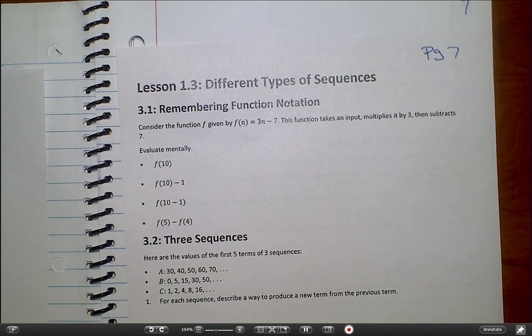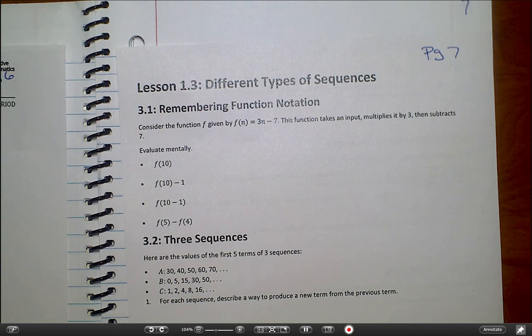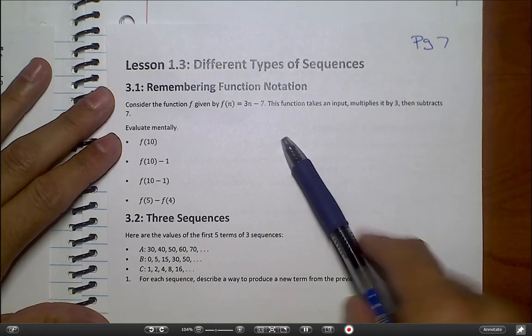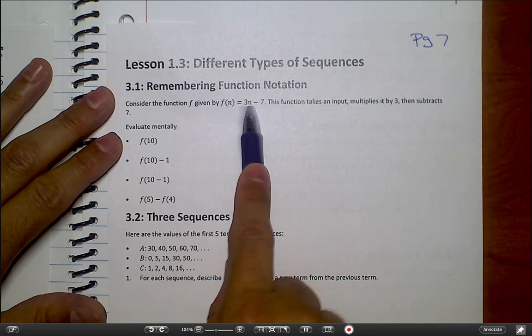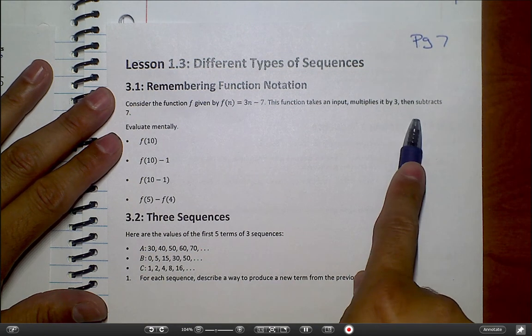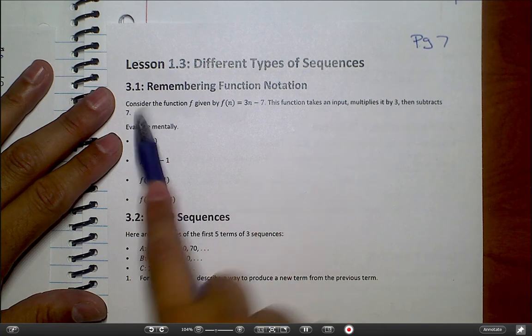Now, on this one right here, let's go through and actually talk about what we already did. This was our warm-up we did as we came into class. It was 3 times 10. The function takes the input, multiplies by 3, subtracts 7.